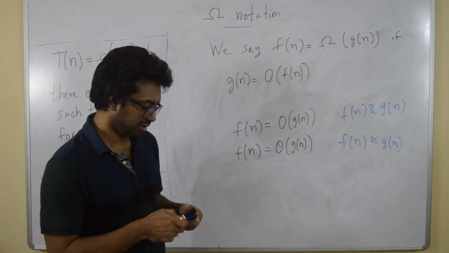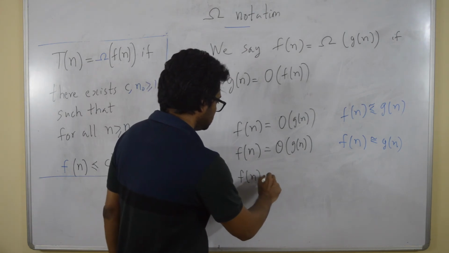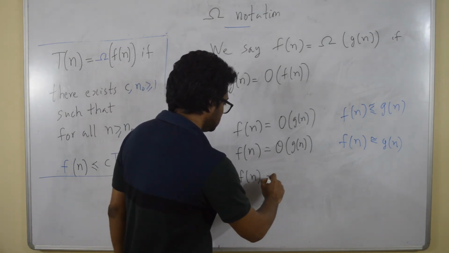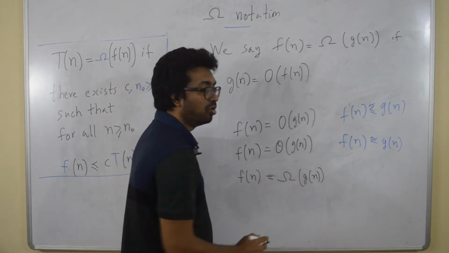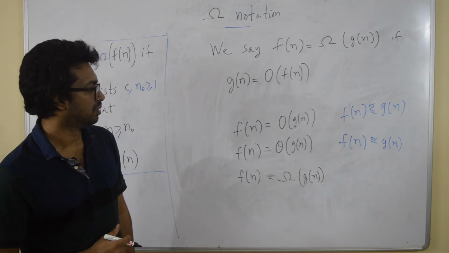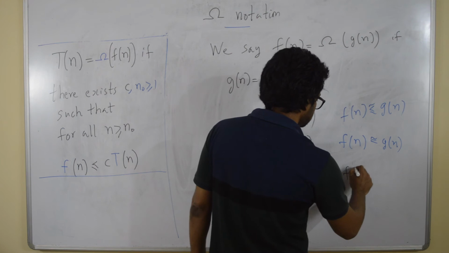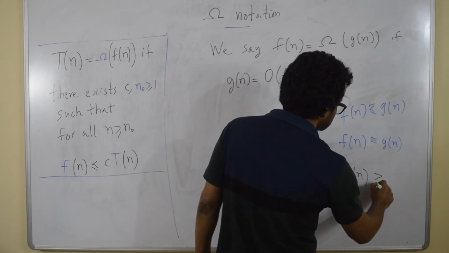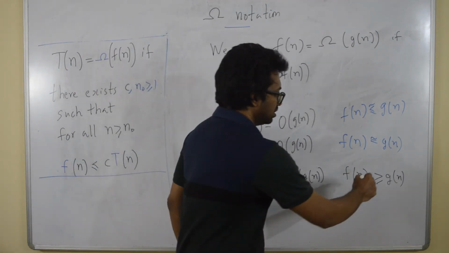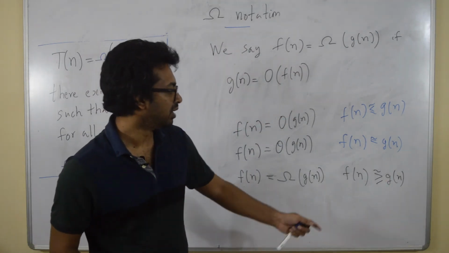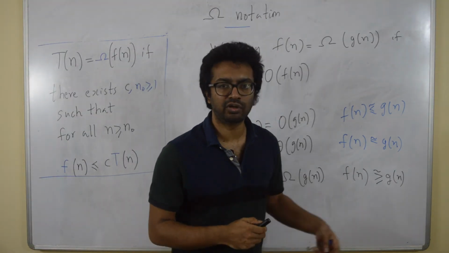On the other hand, finally, if f of n is equal to omega of g of n, this is again kind of our notion of greater than or equal to g of n. So if f of n is greater than or equal to g of n, what is that?